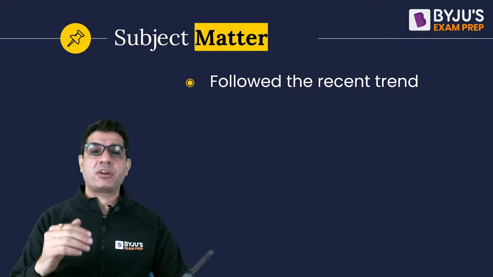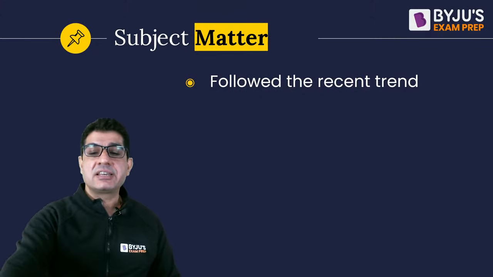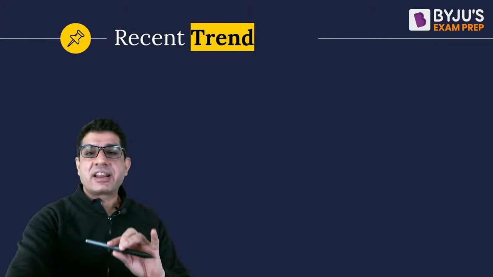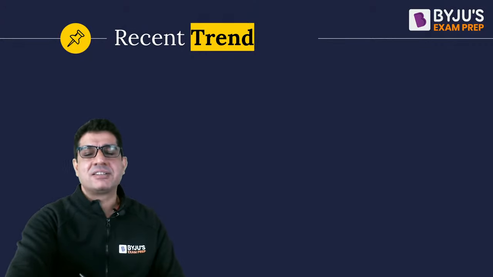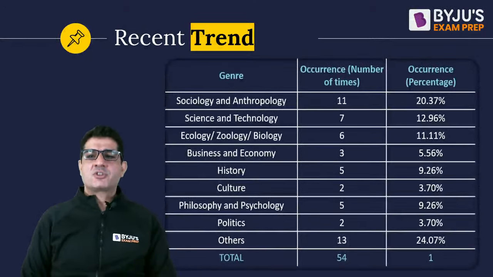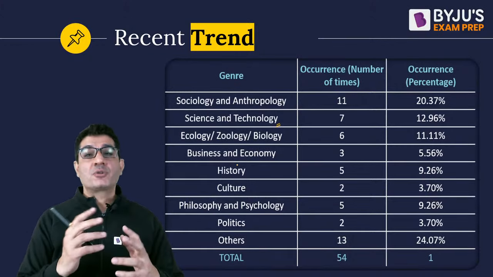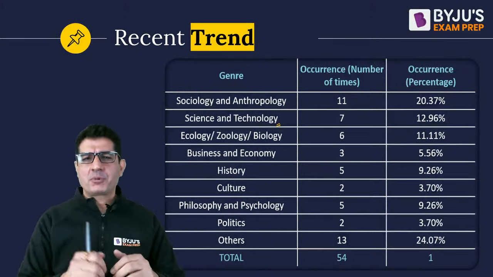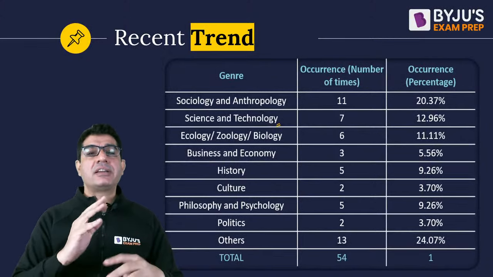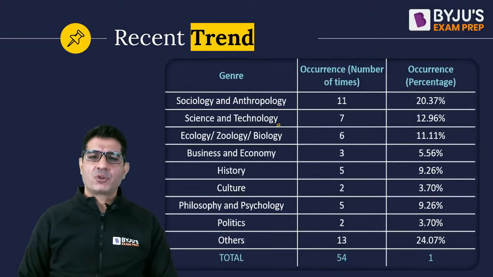And in case you are not aware of what that trend is, here is the recent trend of the subject matters in reading comprehension. You notice around 20% of the passages come from sociology and anthropology. Another area which is very popular with the examiner is science and technology. So software, social media, blockchain, cryptocurrencies, some other recent advances, those kind of things.